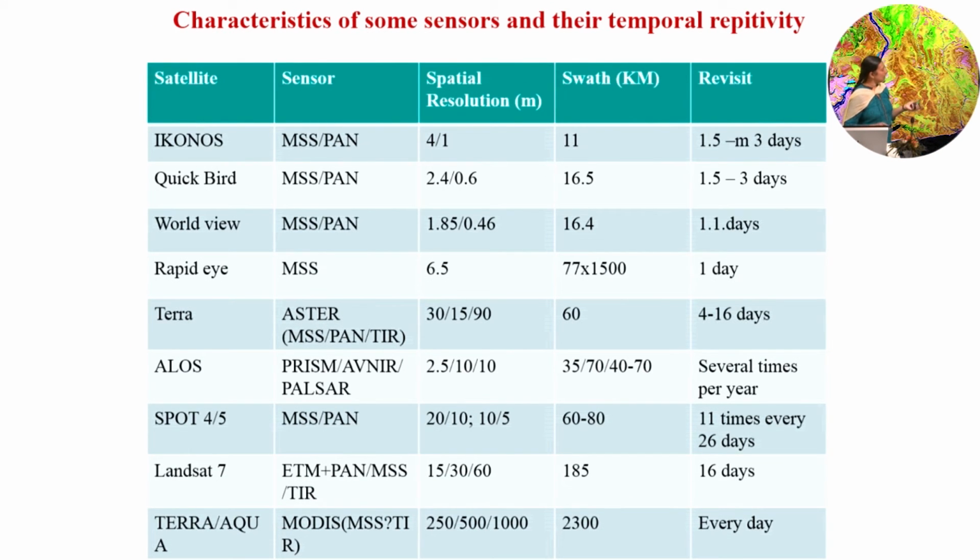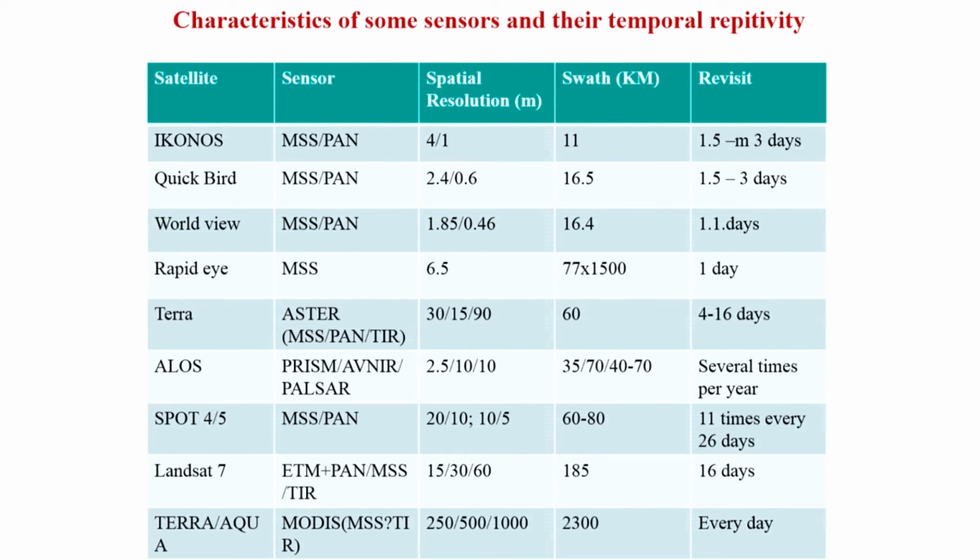And these are some of the worldwide sensors which are used across the globe. Those were Indian satellites. These are high resolution to medium resolution satellites across the globe. IKONOS, QuickBird, WorldView, RapidEye. RapidEye is one more sensor which has high temporal resolution as well as high spatial resolution, of the order of 6 meters.